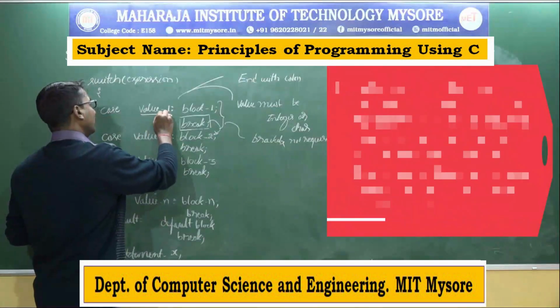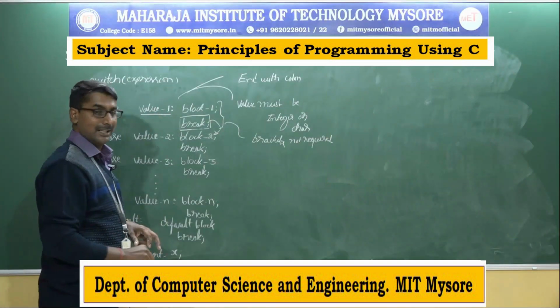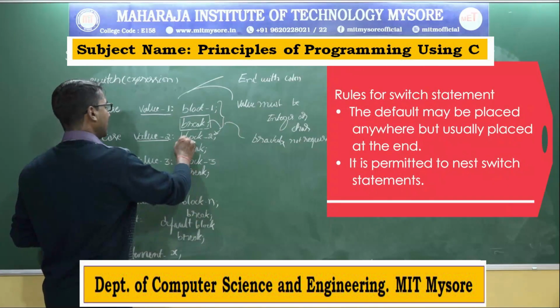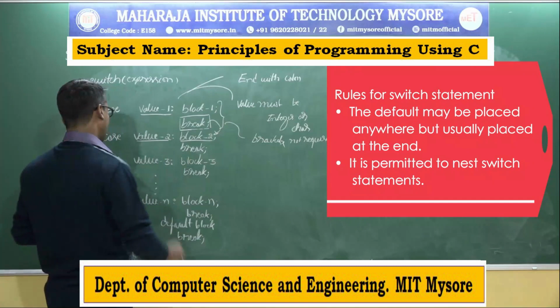If value 1 is not matched with the expression, then it is verified with the case 2 value. If case 2 is matched, it executes case block 2 and terminates.